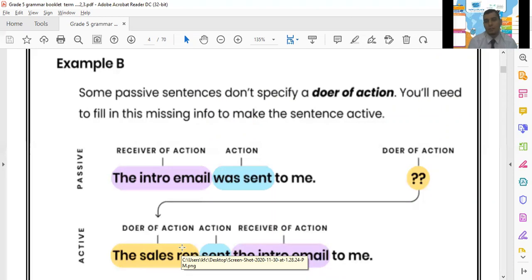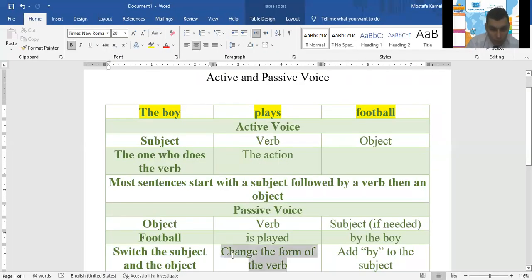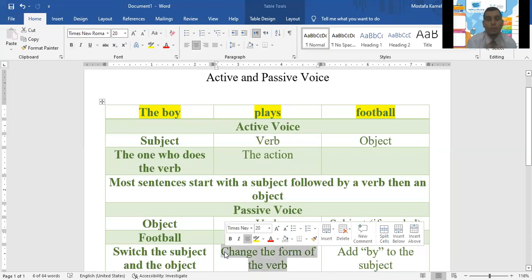Mister, in the active, it was sent. In the passive, we put it was sent. Why didn't we put by? Yes, this is a part of changing the verb. Remember here? We said what? Change the form of the verb.